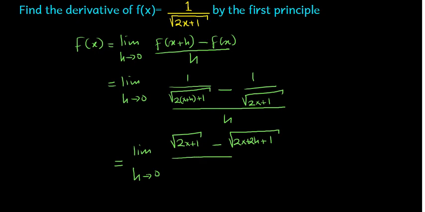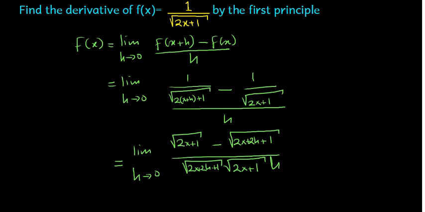And then divide by, multiply the two denominators there. That is going to be the square root of 2x + 2h + 1, and then the square root of 2x + 1. Because this is in the denominator again, we can as well just put it here in this denominator. That is the same thing.